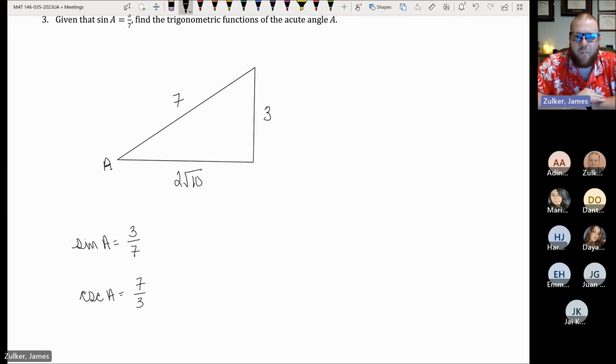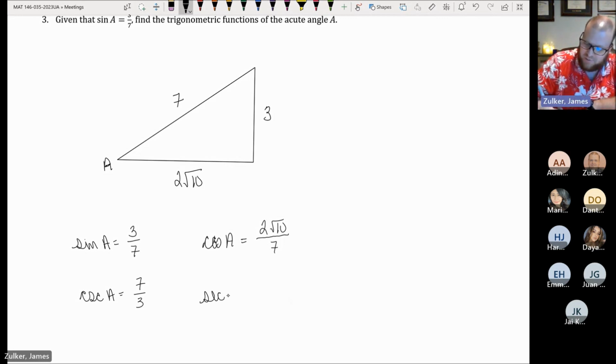So in a problem like this, you're given 2 of the 6 functions right off the bat. Cosine: two root 10 over 7, right? Adjacent over hypotenuse, which means we now know secant.